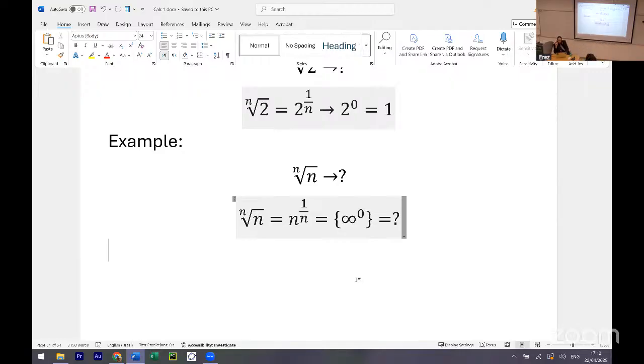Okay, so this n root of n is less clear.